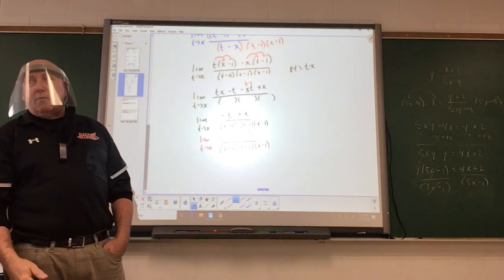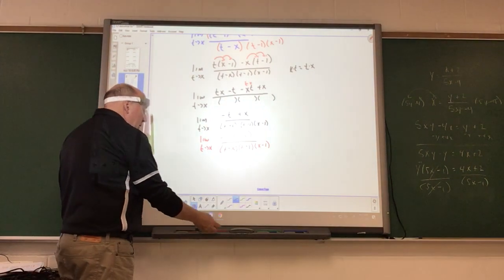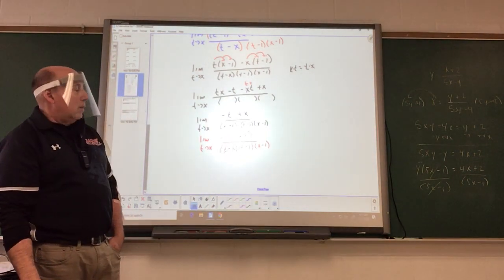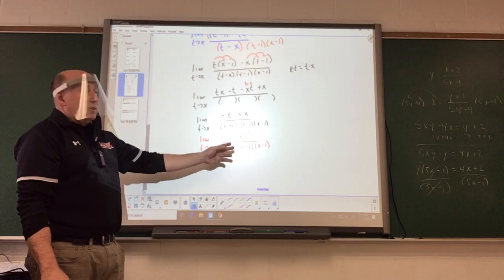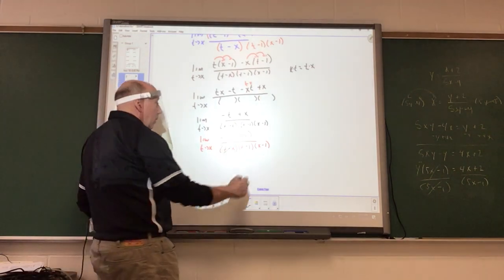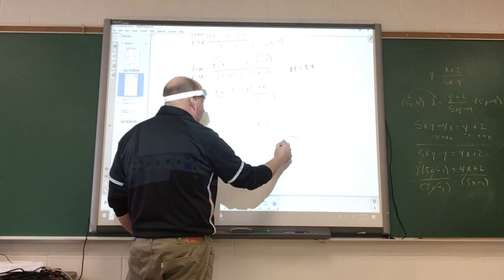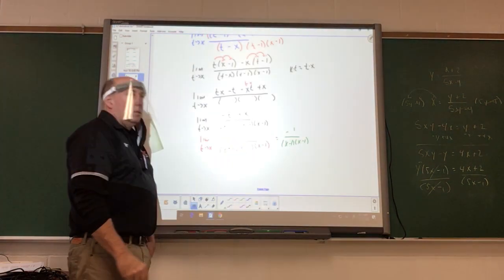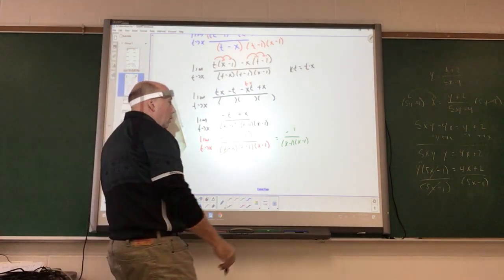So now we have that common factor of t minus x, which will cancel. And then we can sub in x for t. So we have negative 1 over x minus 1 times x minus 1, or negative 1 over x minus 1 squared.